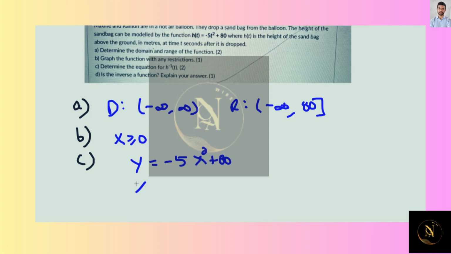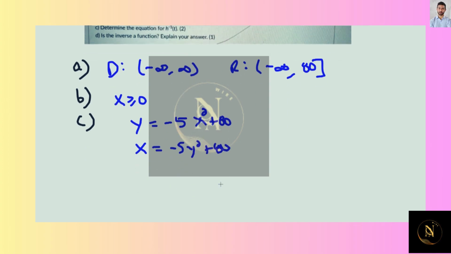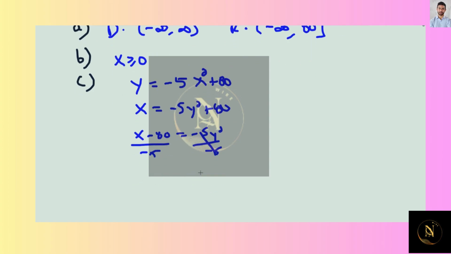Switch around x and y, and then subtract 80 from both sides. Divide by -5 on both sides, and then square root both sides. That would be your inverse function.